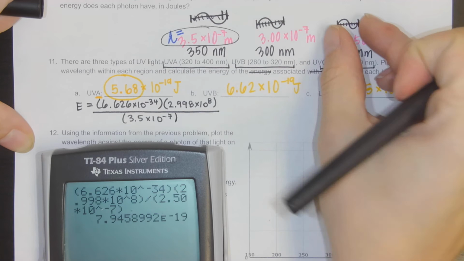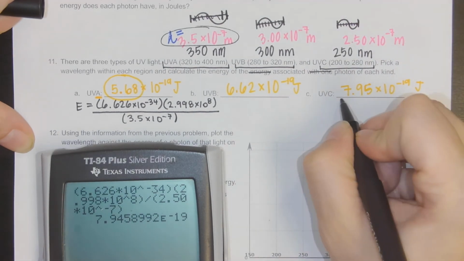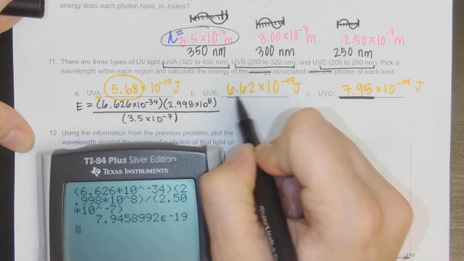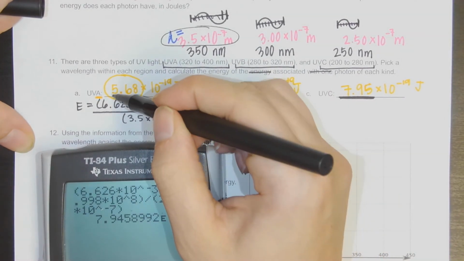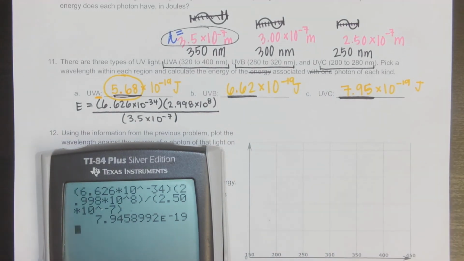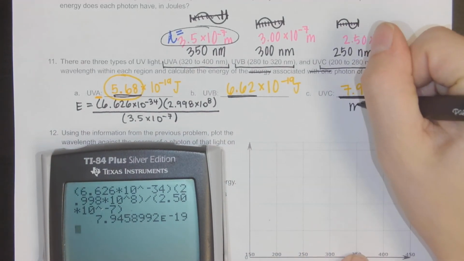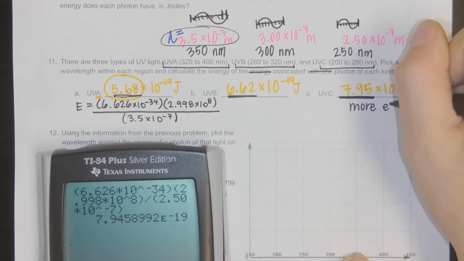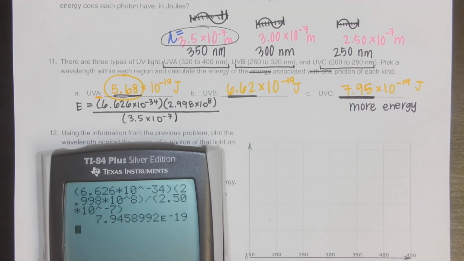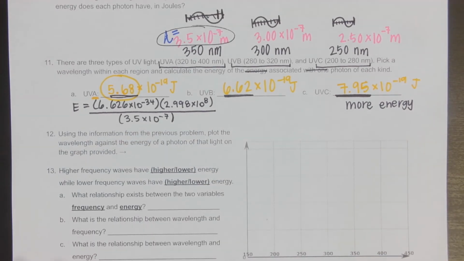The squishier it is, the more energy it has. 7.95, 6.6, 5.6, they all have the same ending, so we can compare them. UVC has more energy. It would be the most damaging of the UV waves.